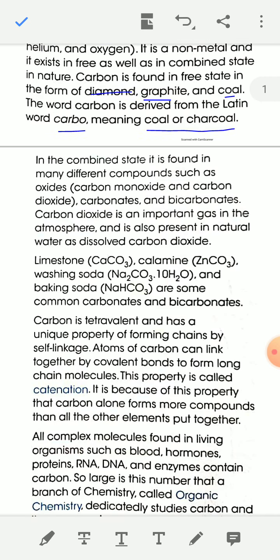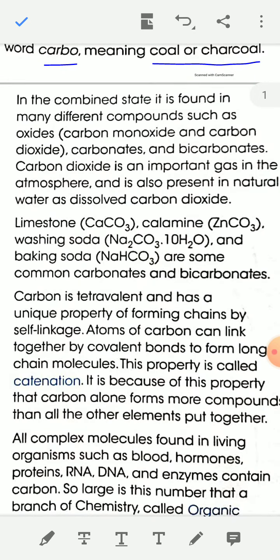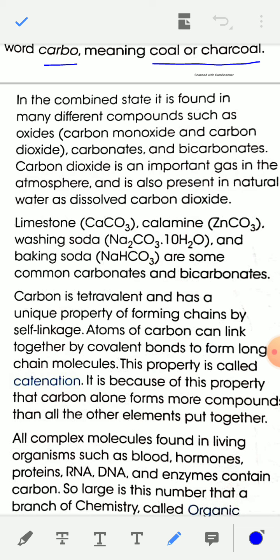In the combined state, it is found in many different compounds such as carbon dioxide, carbon monoxide, carbonates, bicarbonates. Carbon dioxide is an important gas in the atmosphere, and it is also present in natural water as dissolved carbon dioxide.